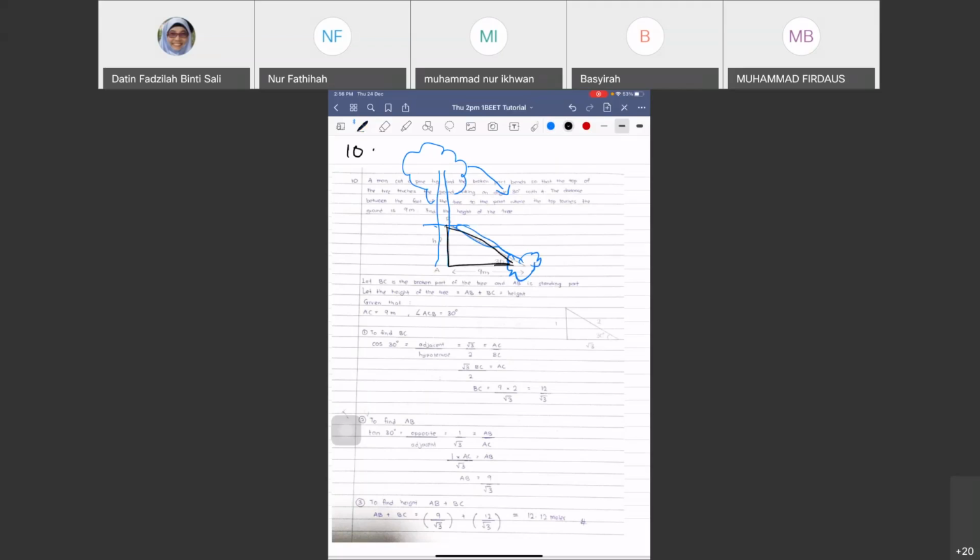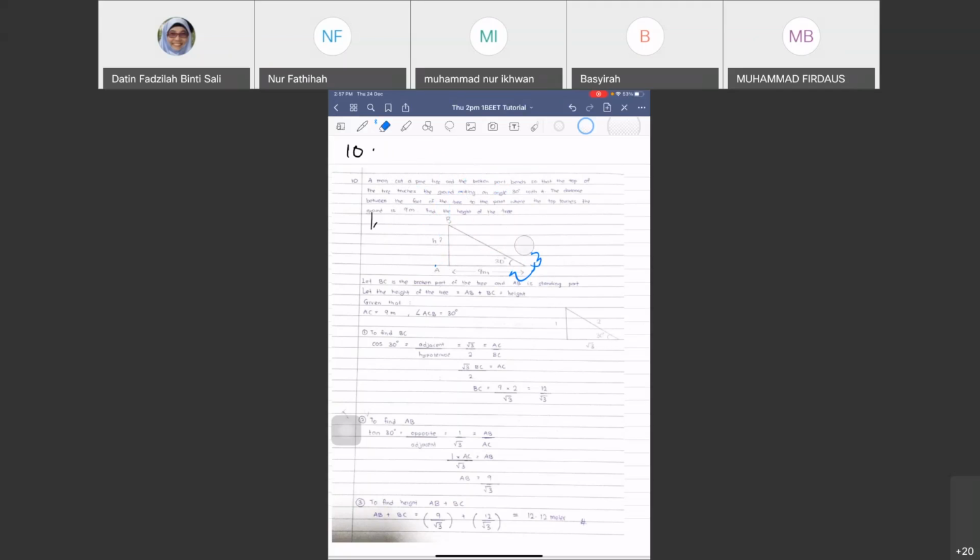And what the question wants is to find the height of the tree. So if you are referring to this triangle now, the height of the tree will be this length plus this length. So that's what you want for this question.